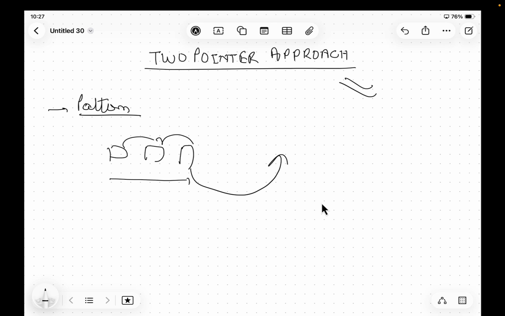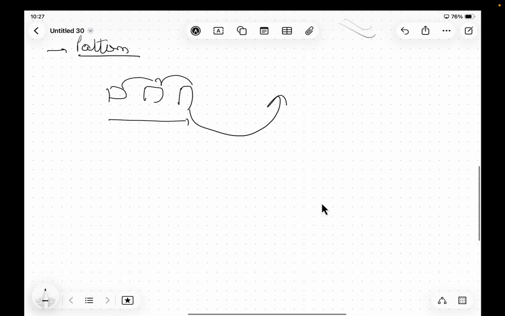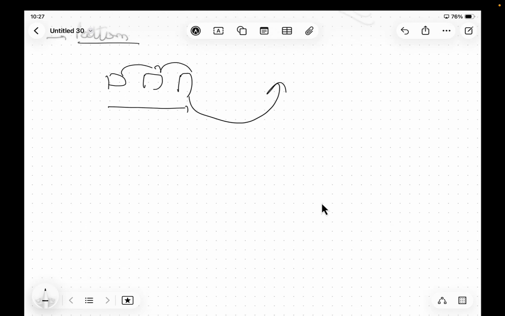Okay, so let me give you one idea on this. Suppose I have one array, something like 2, 7, 3, any numbers you can take. Normally, if I want to move from one data to another, we use one loop, maybe a for loop or while loop, and one pointer, and we just scan from left to right.